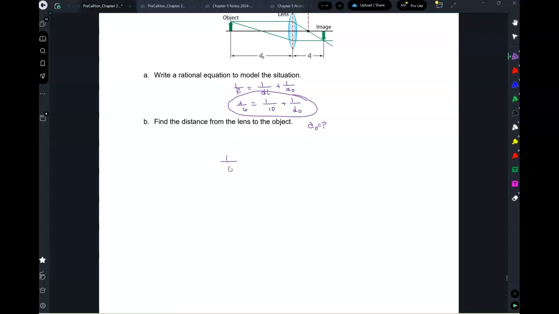Well, if I rewrite this equation, what is the LCD here? Yeah, or you can reduce it to 30, 30 DO.